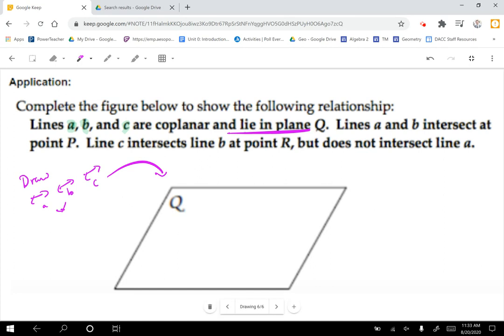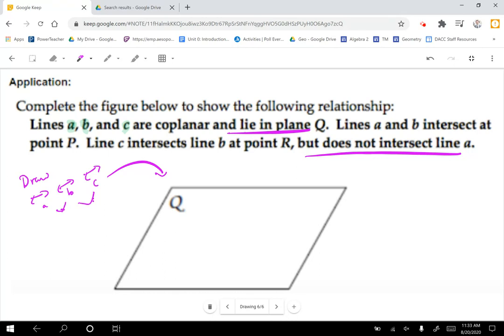And then line C intersects with line B. Okay, so B is going to cross both A and C. But it does not intersect with line A.